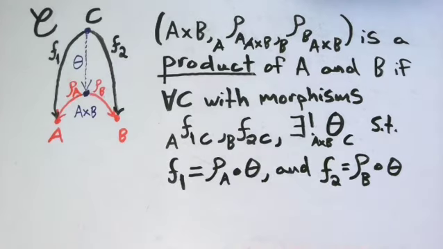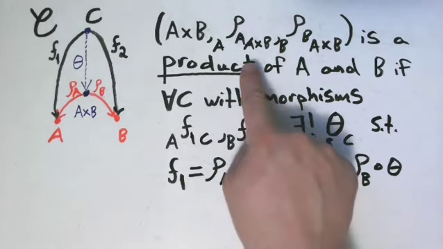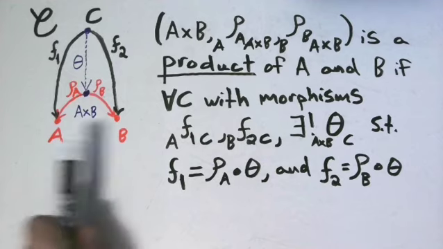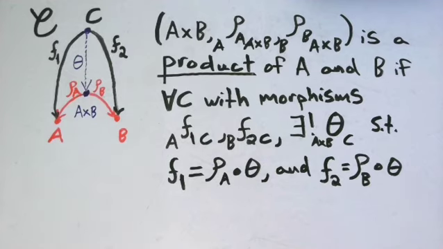The first one is an object, which we'll call A cross B. The second one and the third one are both what we call projection morphisms, and they both go from that A cross B object into both of the objects of interest, A and B respectively.